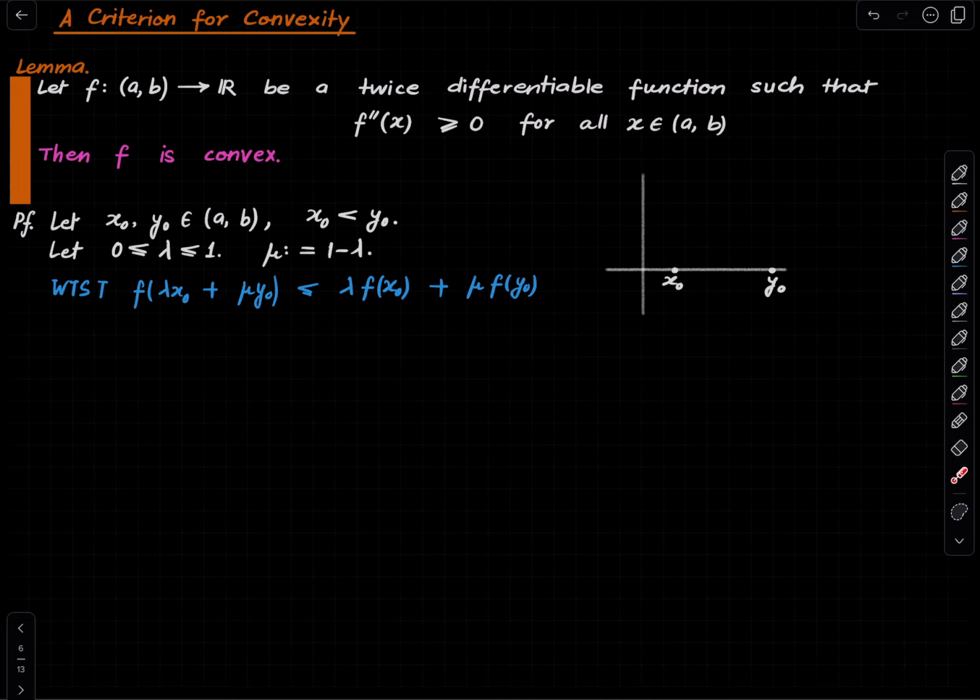There would be many ways of doing such a thing, but here is one way. Define capital F from this closed interval to real numbers as F of t is this difference.